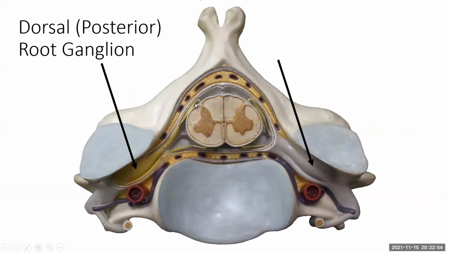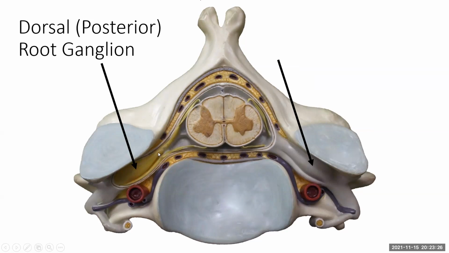All right, so as you recall, our spinal nerve is going to be located somewhere in the intervertebral foramen, and it's a mixed nerve, and it receives both sensory neurons and motor neurons. But before we get to that spinal nerve, you have this swelling here on the posterior portion of this region.